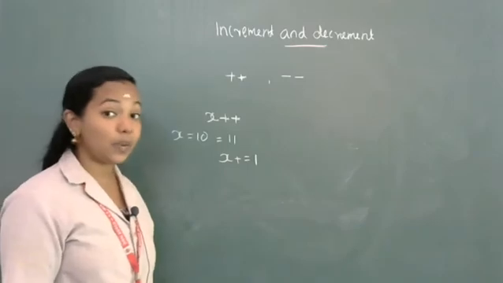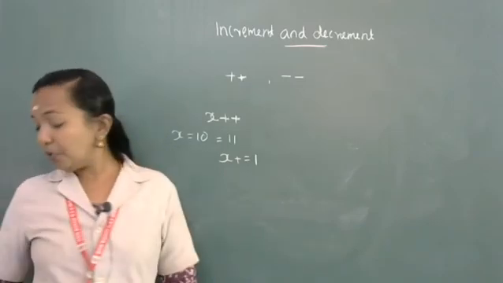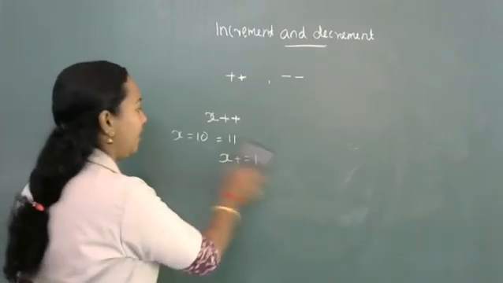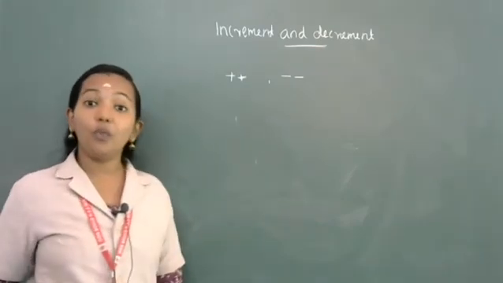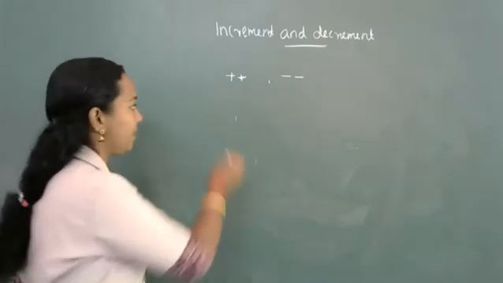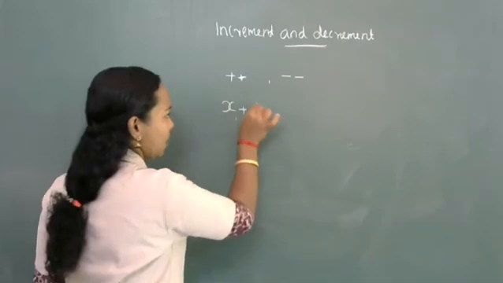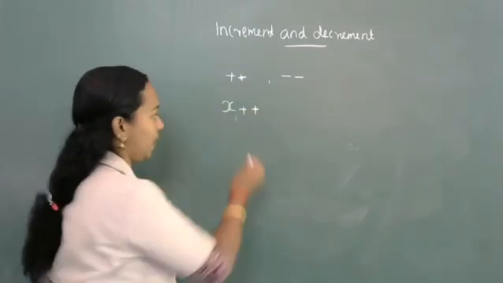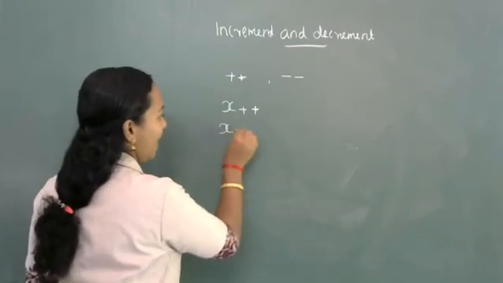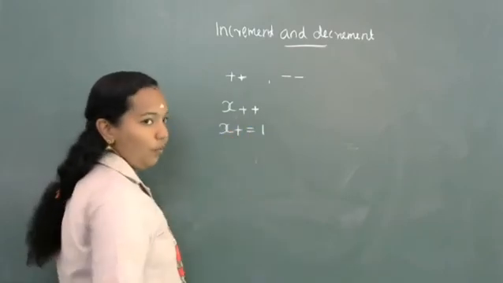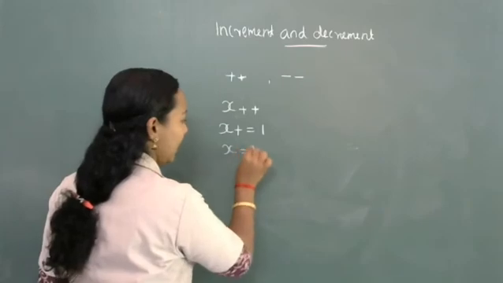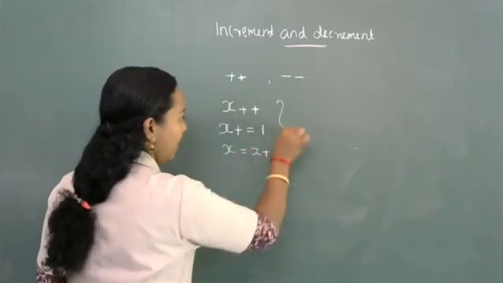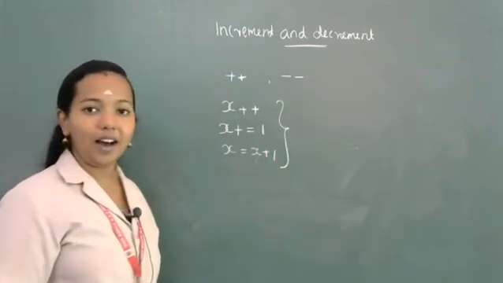Suppose you want to increment the value of x by 1. There are three possibilities: x plus plus, x plus equal to 1, and x equal to x plus 1. These three expressions are the same.